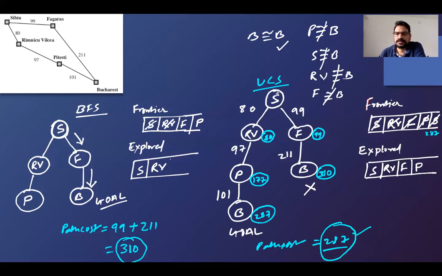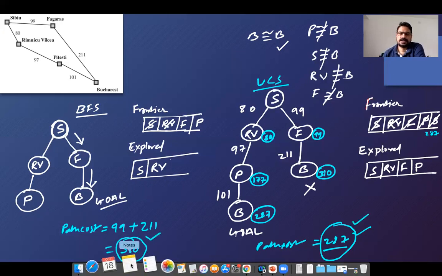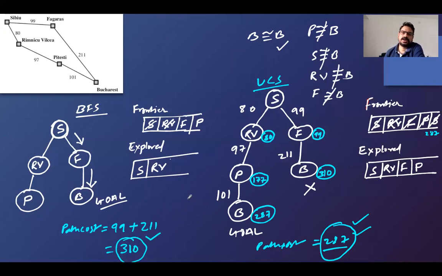Definitely the uniform cost search will give you the least cost compared to the other searching algorithm. As we have compared these two searching algorithms on one problem, you can see the difference between them, and this is how we can perform the search.